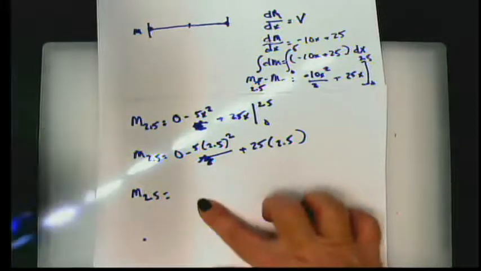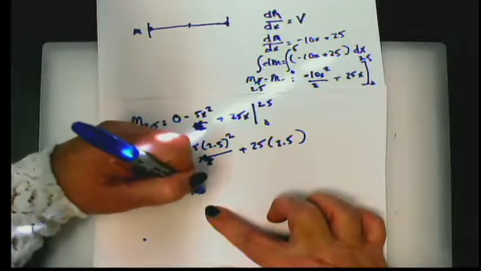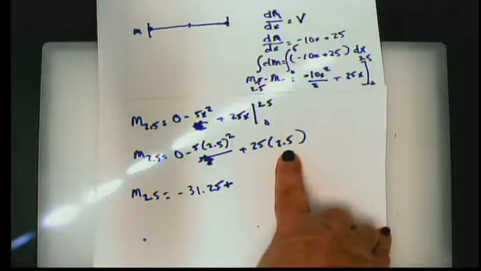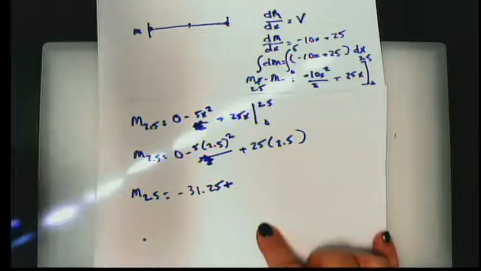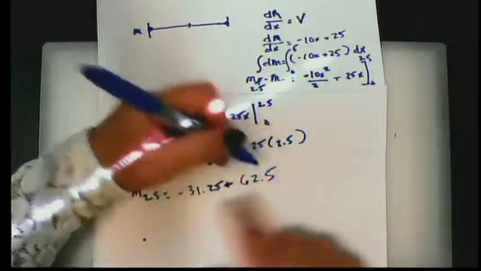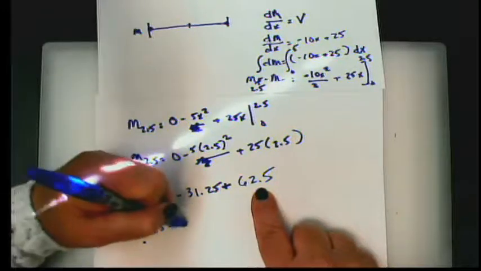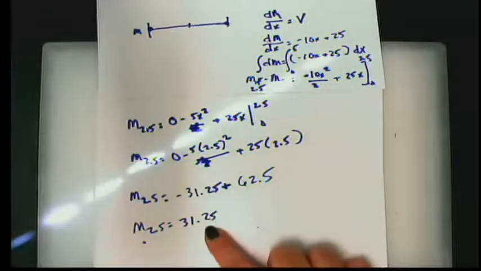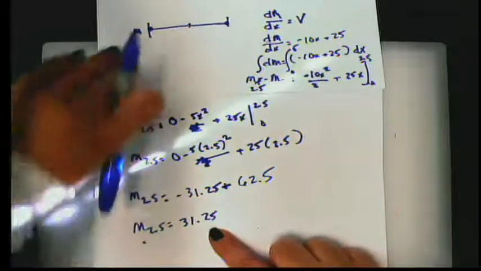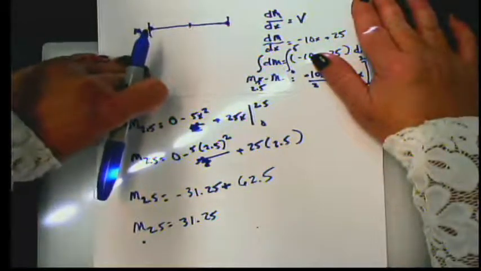That's my negative chunk, which is minus 31.25, plus 25 times 2.5, which is 62.5. So it looks like the moment at 2.5 is a positive 31.25, isn't it? And that's going to be in kilonewton meters.